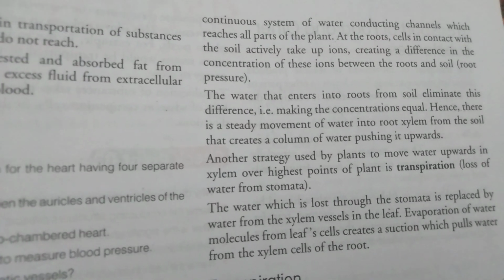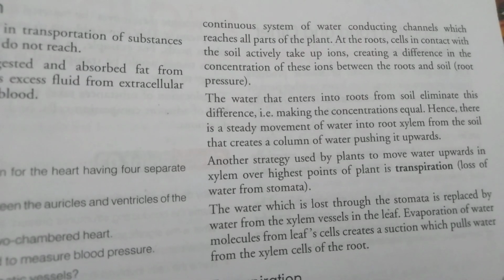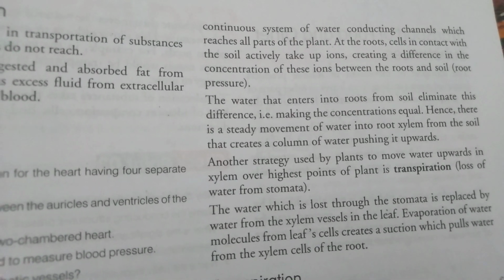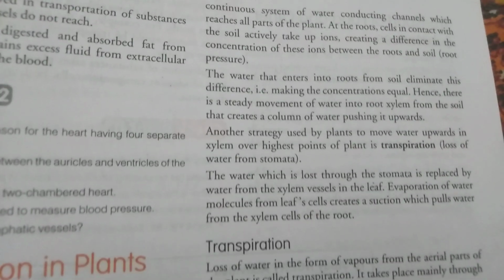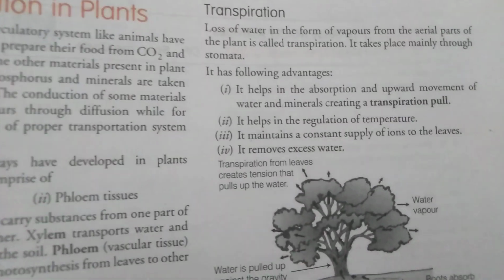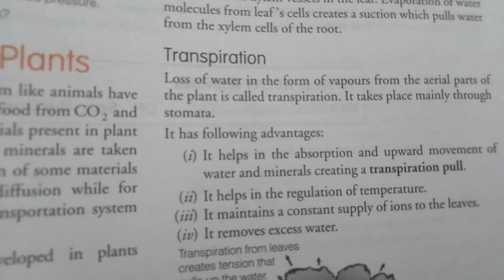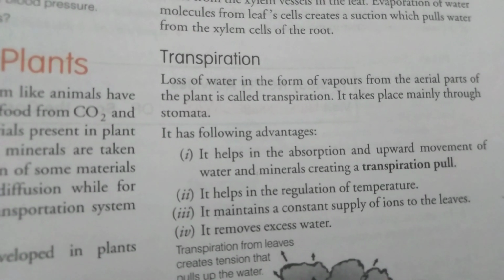But suppose excess water is there, then that water has to be eliminated by the process of transpiration. So what is transpiration? Transpiration is the loss of water from the aerial parts, that is the leaves, through the stomata.